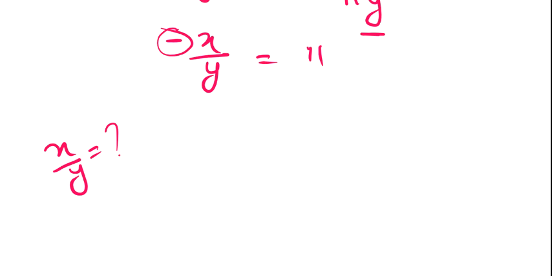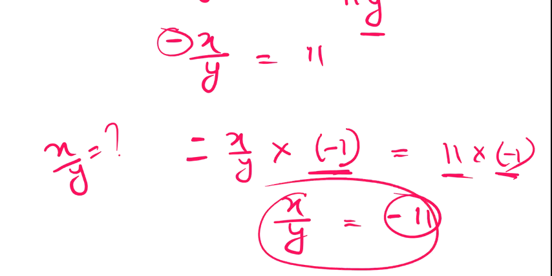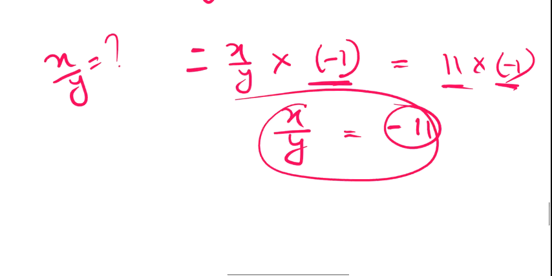What will you do? You can multiply minus 1 here and minus 1 here. So minus 1 into minus, it will become x by y, and 11 into minus 1, it will become minus 11. So the answer of x by y is equal to minus 11. Hope you understood how to solve the questions. Okay.